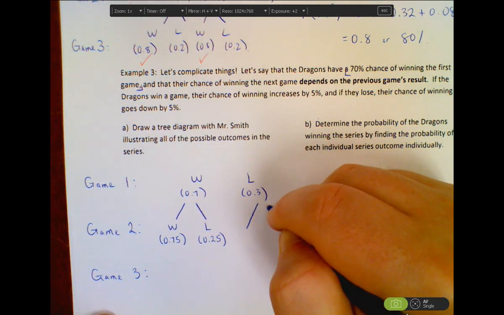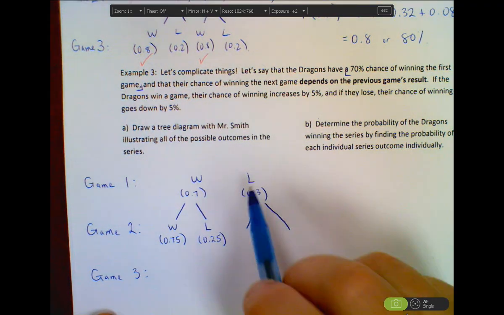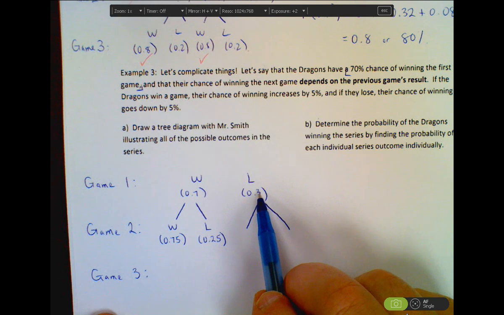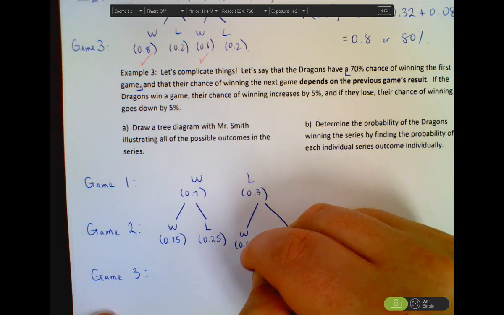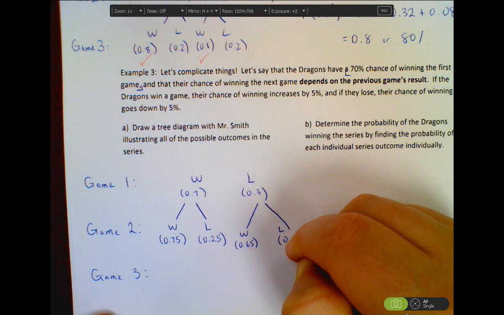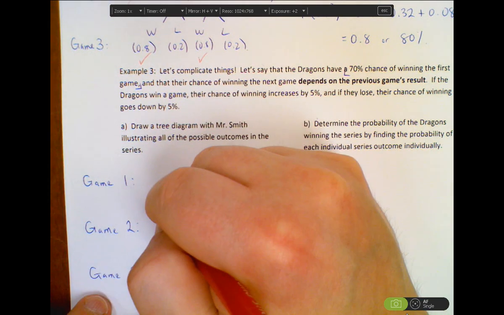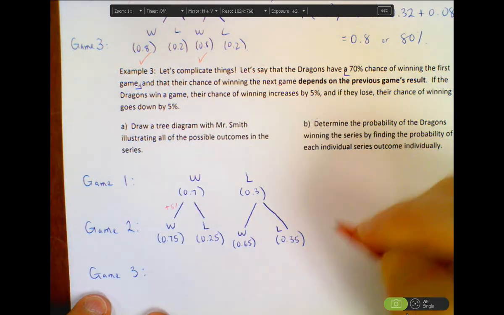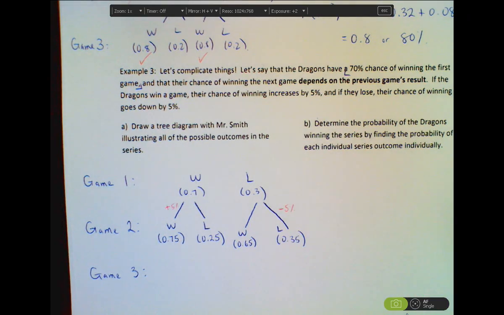Going the other way for Game 2, if we lose Game 1, the question says our chance of winning goes down by 5%. So our next game, our chance of winning would go down to 65%, which would make our chance of losing 35%. So after a win, add 5%. After a loss, we're taking off 5%.